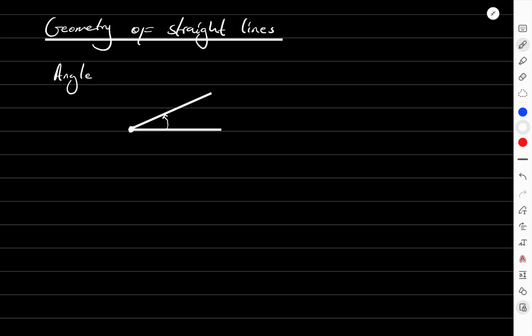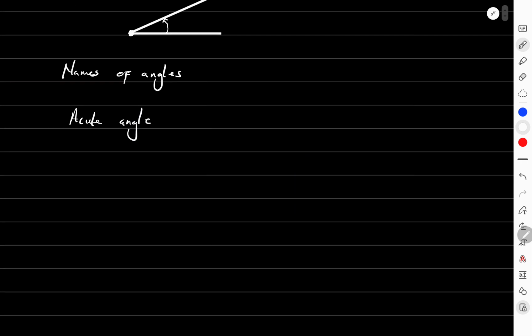Now we have names of angles. We have different types of angles. Now I have the first angle, which is known as an acute angle. An acute angle is an angle that is less than 90 degrees. It lies from 0 up until 90 degrees, but it has to be less than 90 degrees.